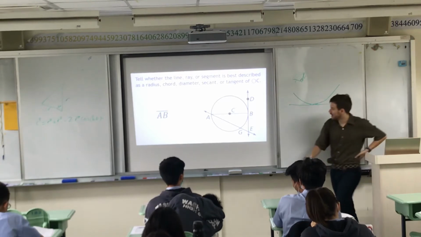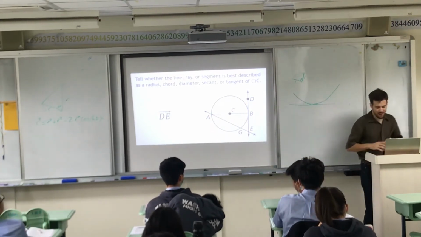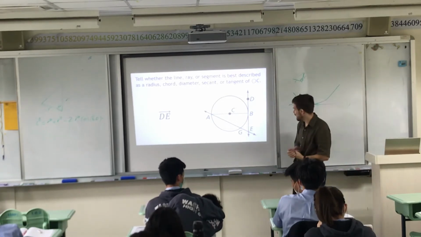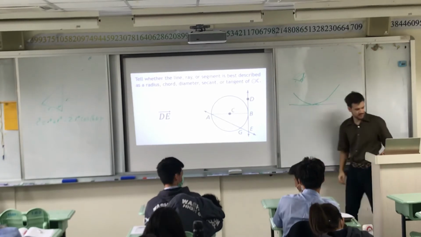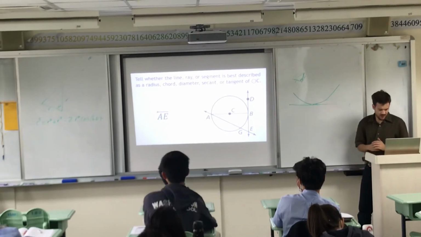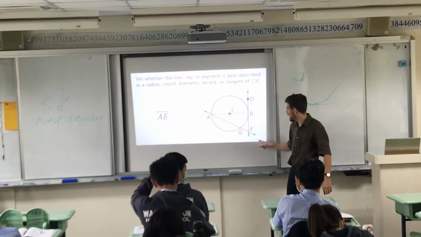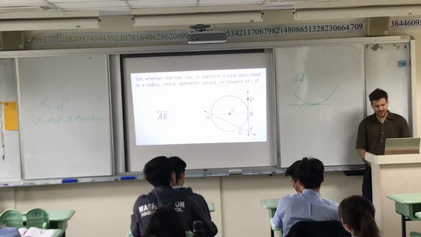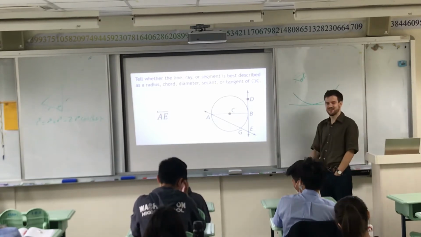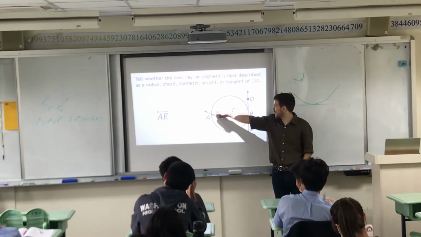How about AB? Diameter. How about ray DE? Tangent. How about AE? Ray AE is a secant. Very good. Make sense? It intersects 2 times. How about line segment AG?